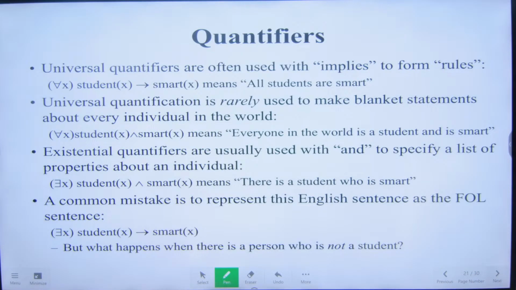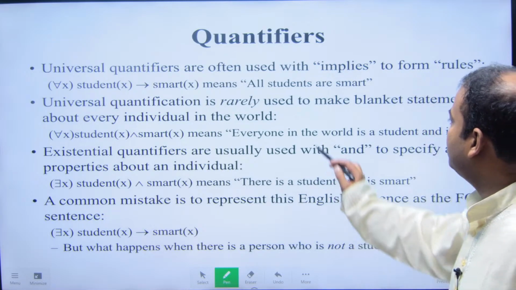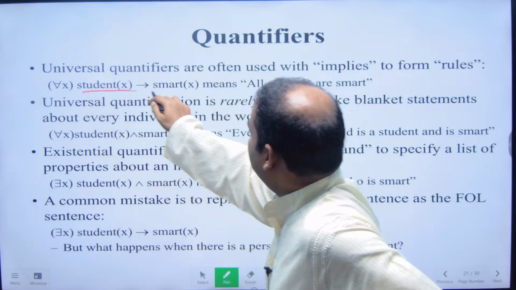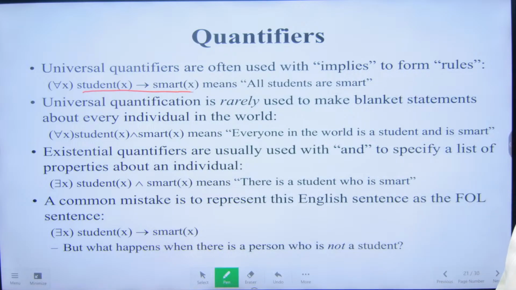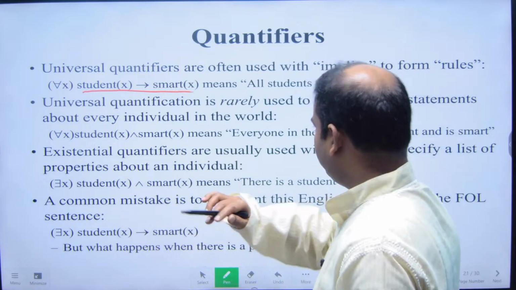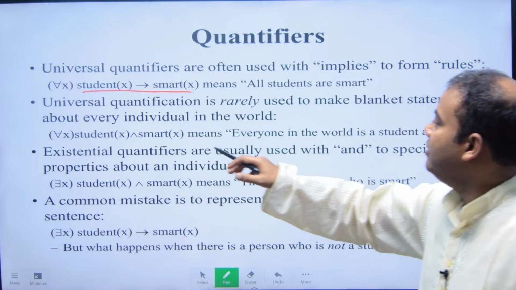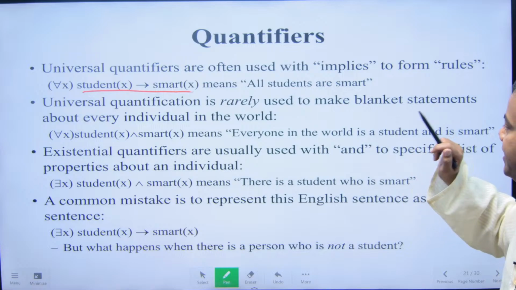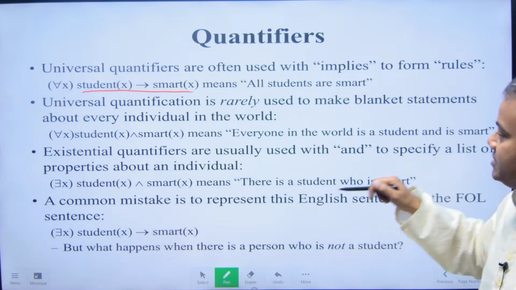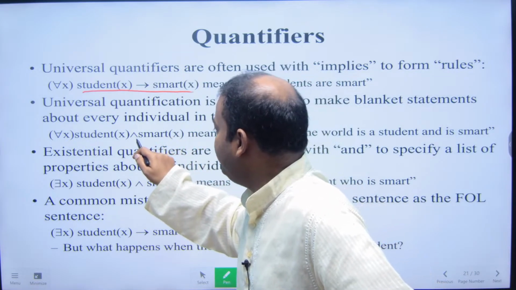So universal quantifiers are often used with implies or rules. So, all students are smart, we can write like this: if he is a student, then he is smart, means all students are smart. So this is what I have told, that is written here. Universal quantification is rarely used to make a blanket statement, means with this we rarely use and.